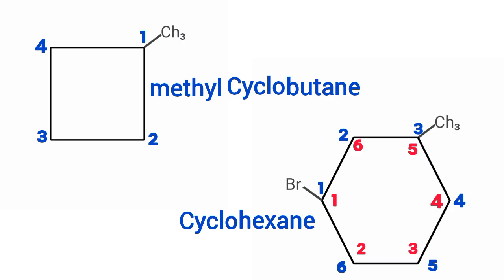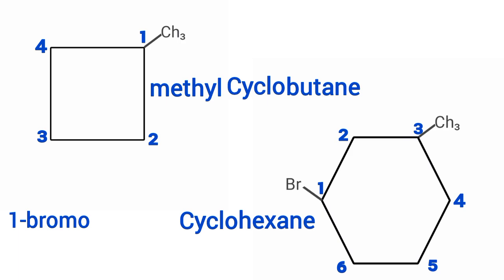1 plus 3 is 4. 1 plus 5 is 6. We know that 4 is lesser than 6. So we number in the clockwise direction. Now we have a bromine on carbon 1. So this will be 1-bromo. Then we have a methyl on carbon 3.